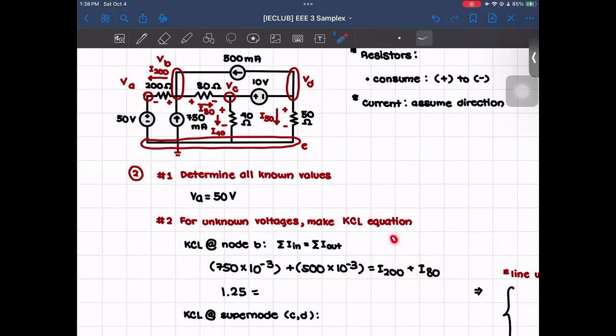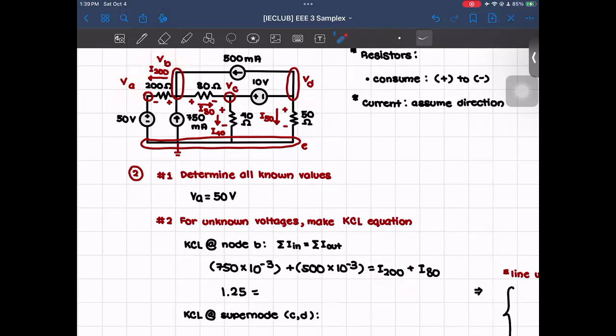But we could actually convert these now into V over R, since we do know that V is equal to IR, just to make it a bit easier for us and so that we could immediately solve for the voltages. So for I200, it will be VB minus VA, since VA is the negative one.